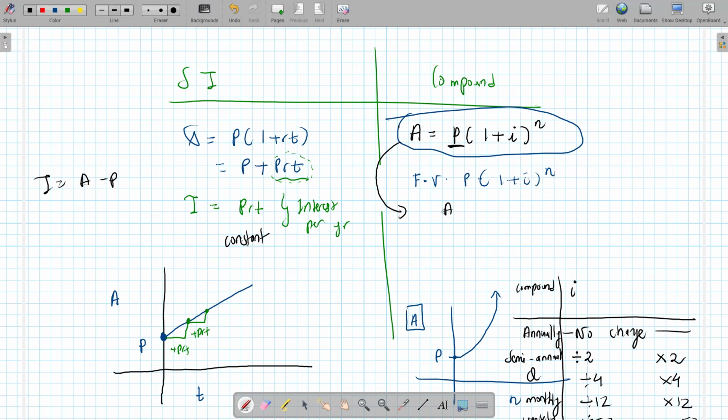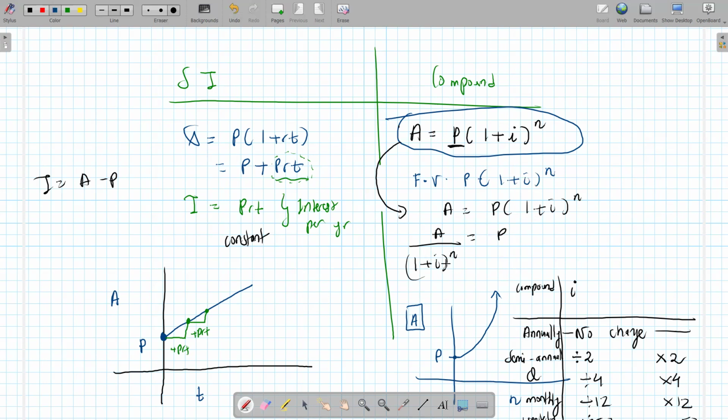This is what we have: A equals P(1 plus I) to the power of n. The goal is to solve for P. Let's say they give you an amount and you want to solve for P. You divide both sides by this bracket. It becomes A over (1 plus I) to the power of n.